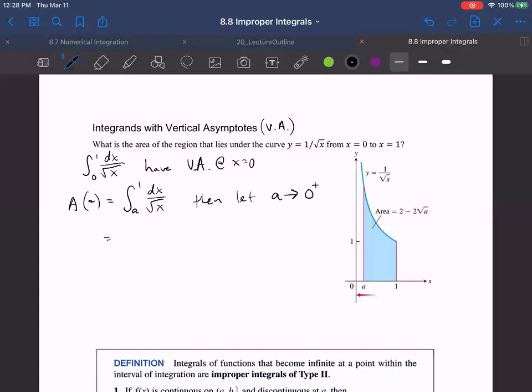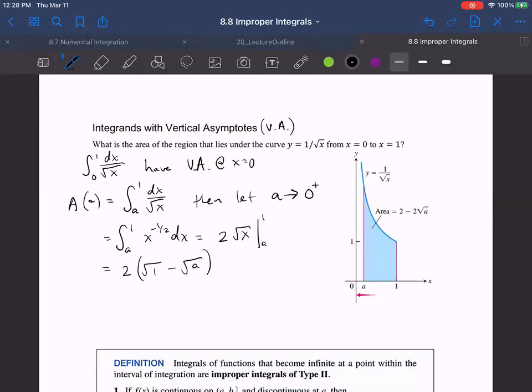So our integral here is the integral from a to 1 of x to the negative 1/2 dx, which should be 2 times the square root of x from a to 1, which will be 2 times the square root of 1, minus the square root of a.